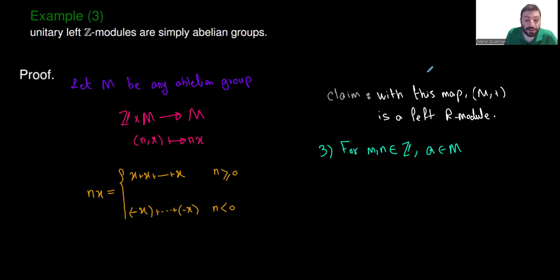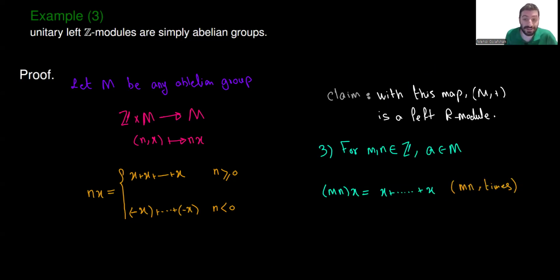Now the third condition: (m times n) times x. We want to check that. This means we are adding x, m n times. So it means x plus x plus x, mn times.